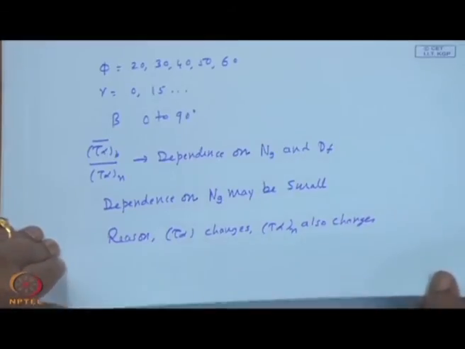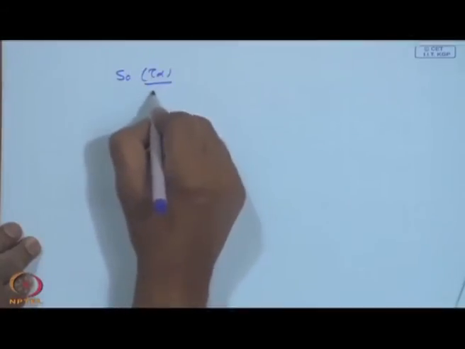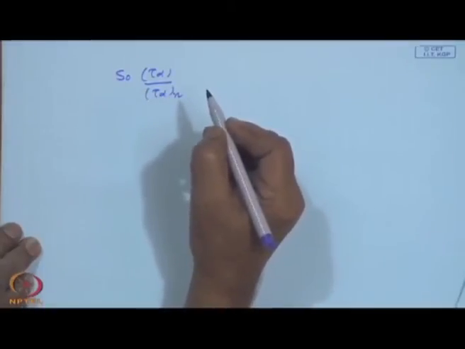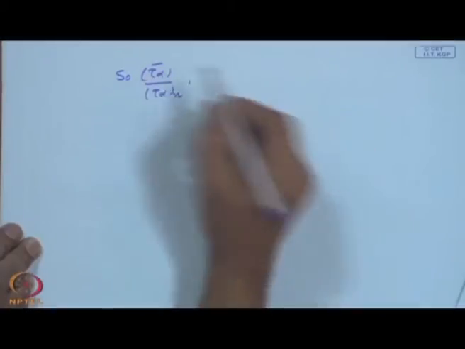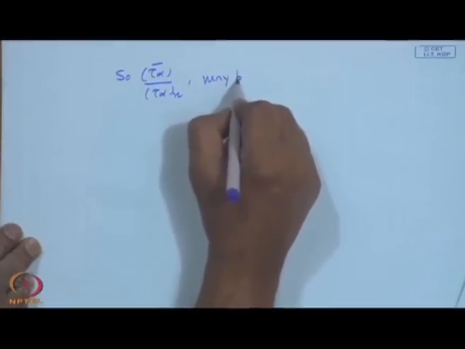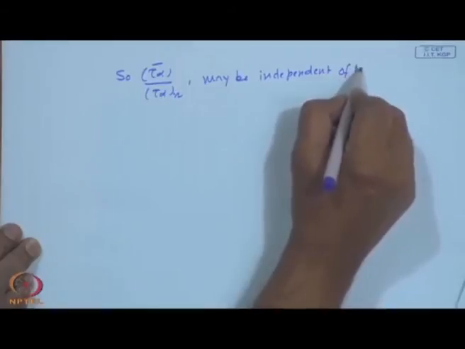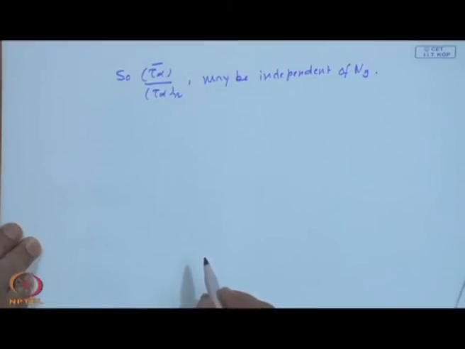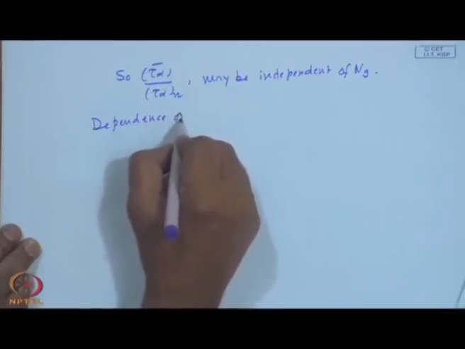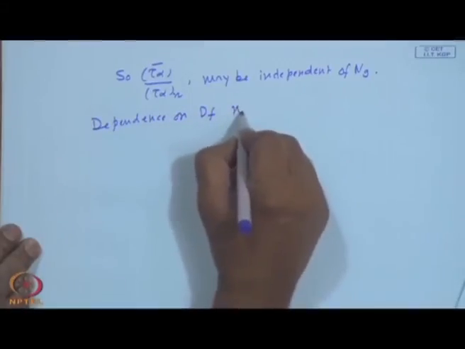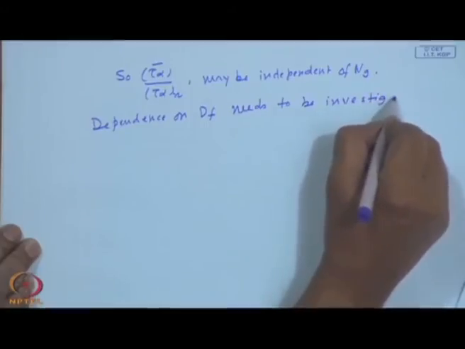So, tau alpha by tau alpha normal in general average may be independent of N g, but dependence on d f needs to be investigated.